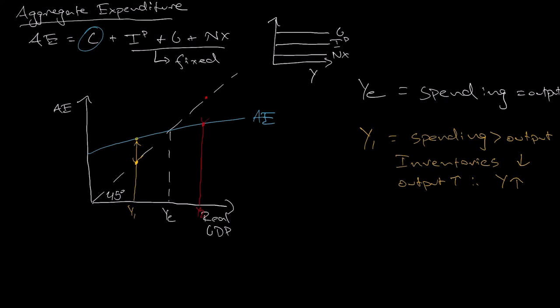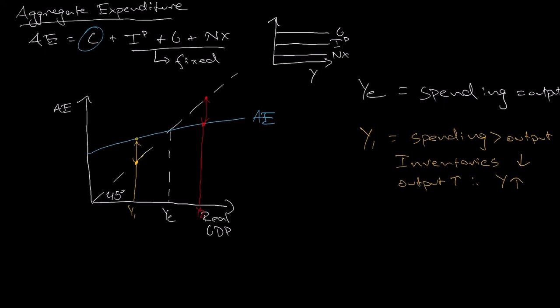So this area here is where output is actually greater than spending. So firms aren't selling all of their products, and as firms aren't selling their products, the amount of inventories would build. So as inventories build up, inventories rise, firms will naturally look to lower their output until again they reach the point that output equals spending at YE.